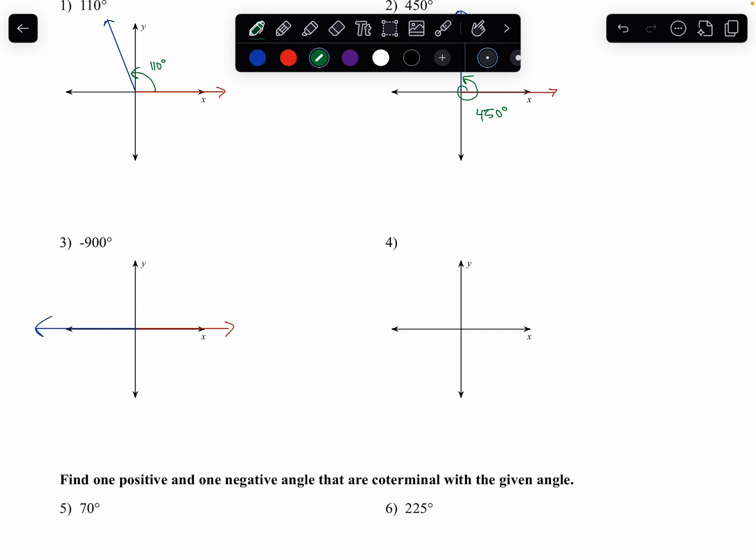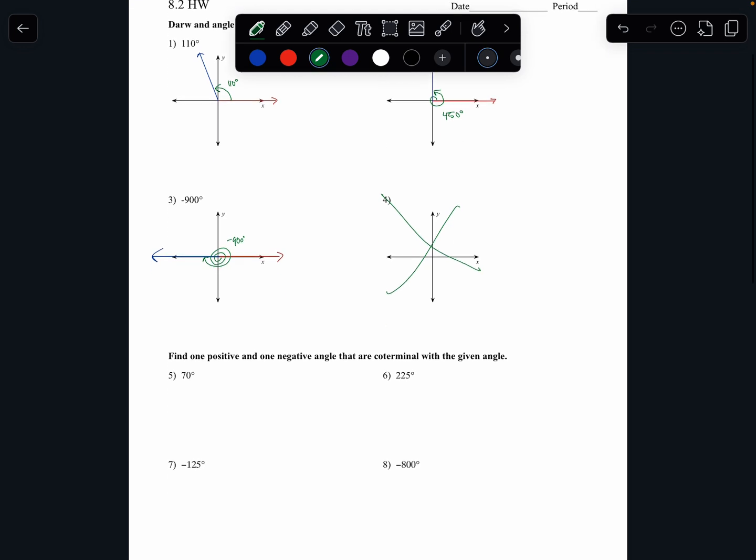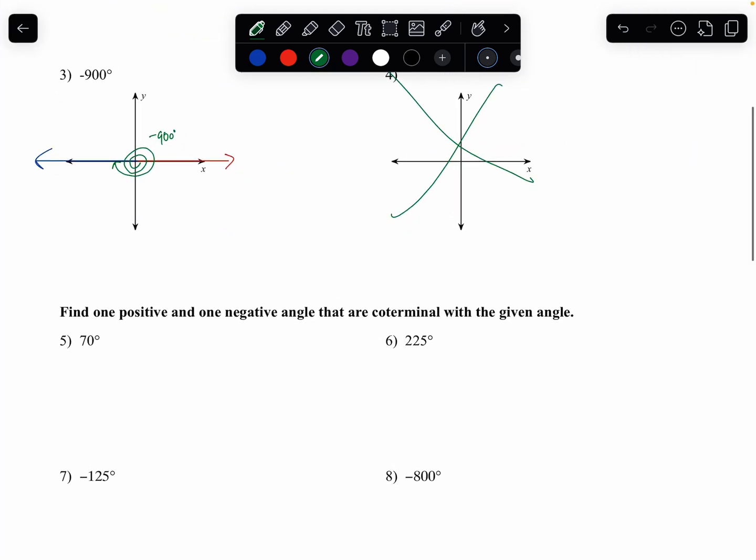So going this way, we rotated once, twice, and then 180 degrees for negative 900 degrees. I forgot to print an actual angle there, so don't worry about that one.